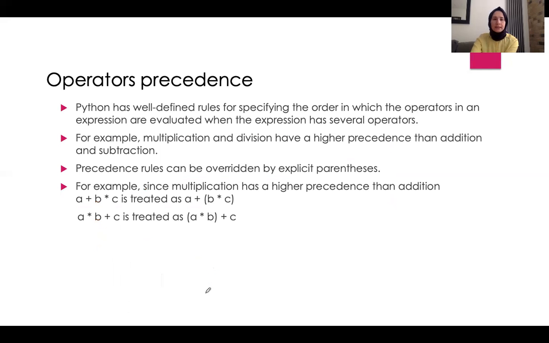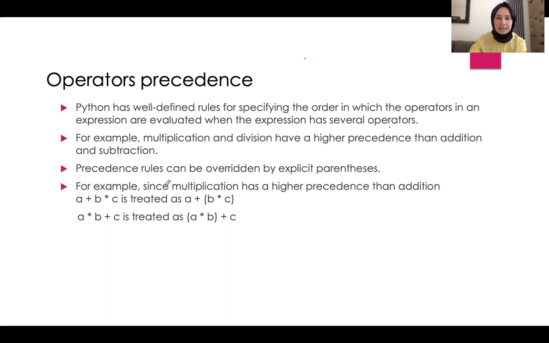Another important thing is operator precedence. Python has well-defined rules for specifying the order in which the operators in an expression are evaluated when the expression has several operators. So for example, multiplication and division have higher precedence than addition and subtraction, right? Those are the general rules in mathematics. And precedence rules can be overridden by explicit parentheses.